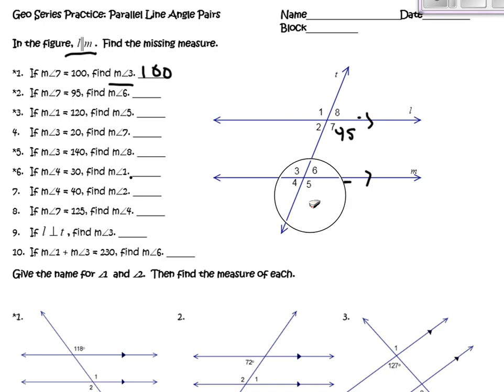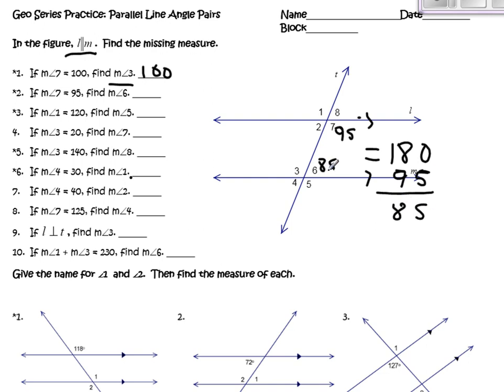They're the only ones that are not congruent. They're going to have a sum of 180 degrees. So to find angle 6, we would subtract 95 degrees from our possible 180, and we would get 85 degrees. So the measure of angle 6 is 85 degrees.